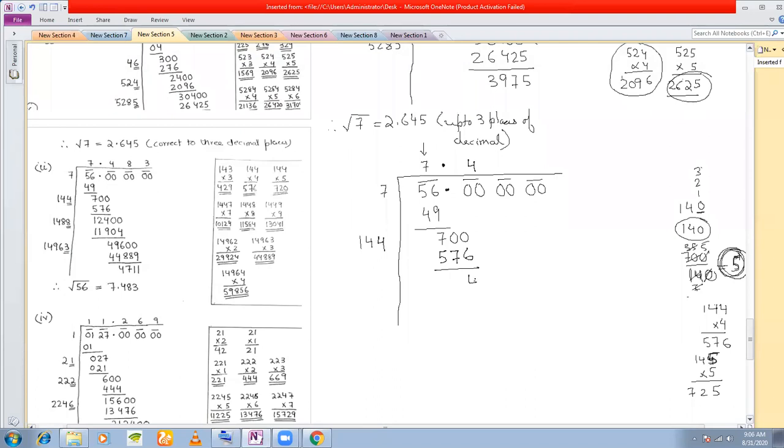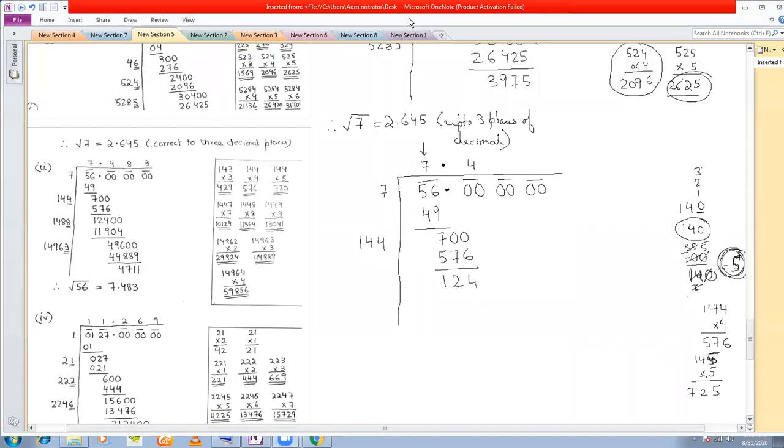Subtract this, you get 124. Okay, now we bring down another 2 zeros. The other 2 zeros we bring down.